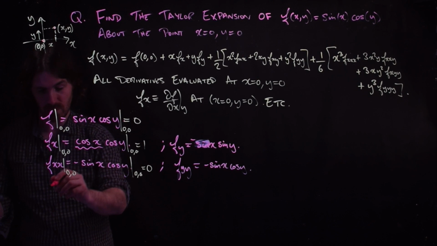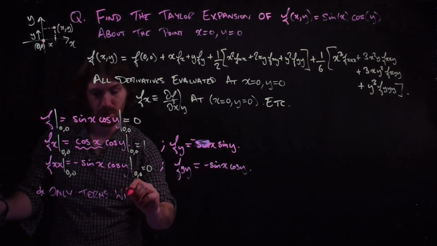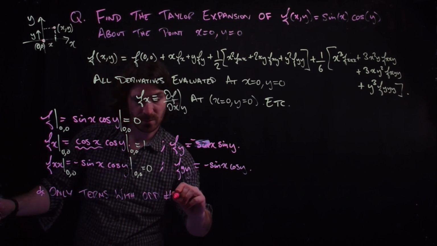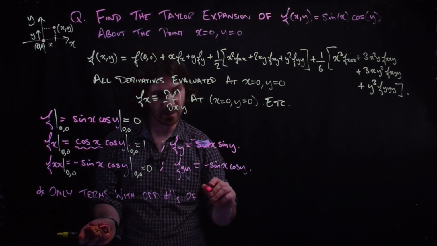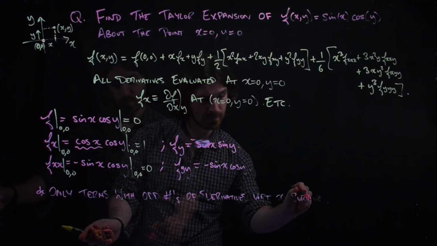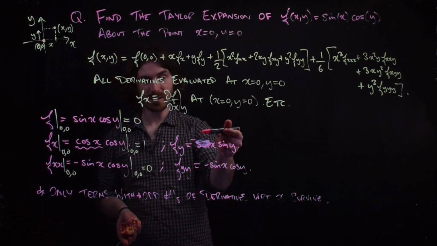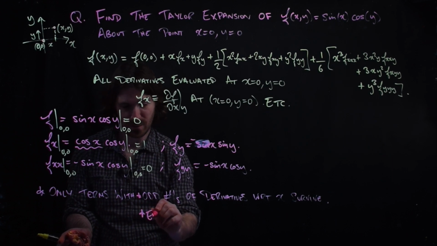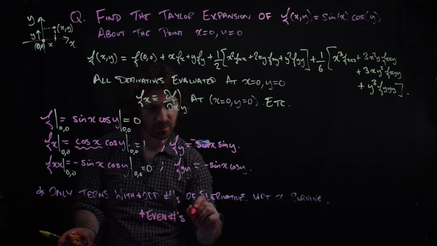So what we're saying is only terms with odd numbers of derivatives with respect to x survive. The same with y, but in this case it's the even numbers of derivatives with respect to y.